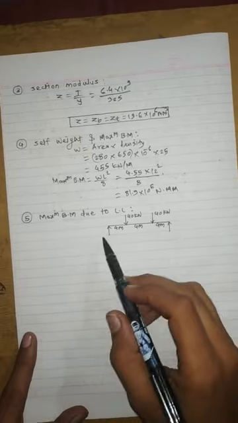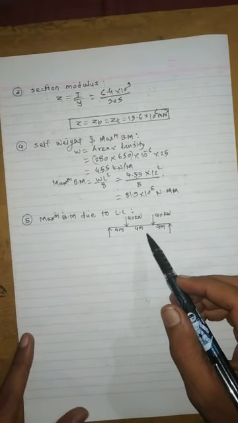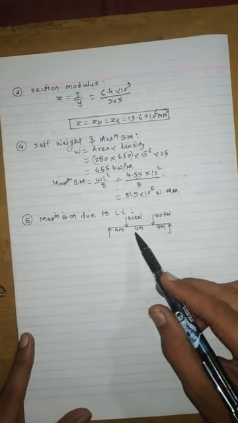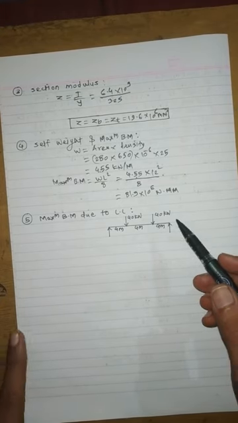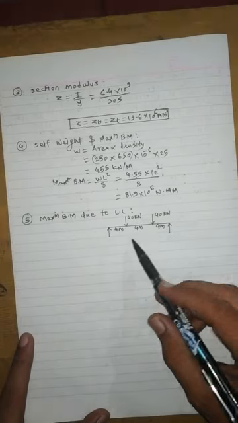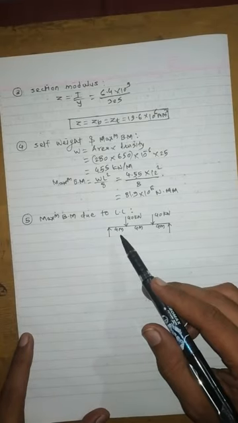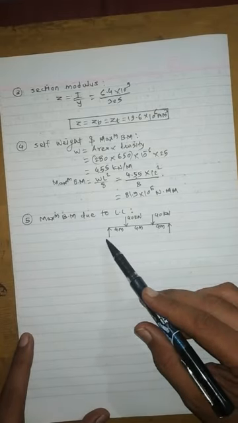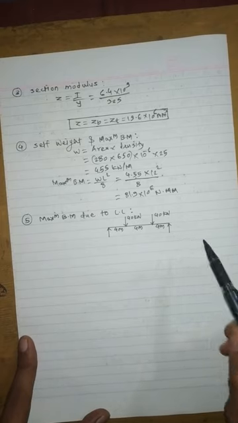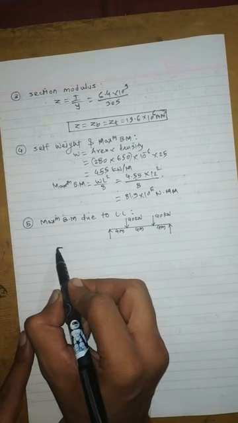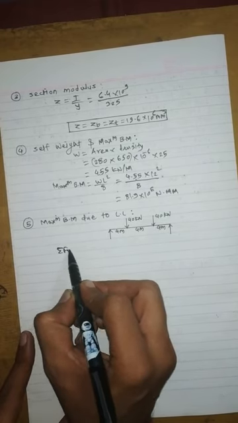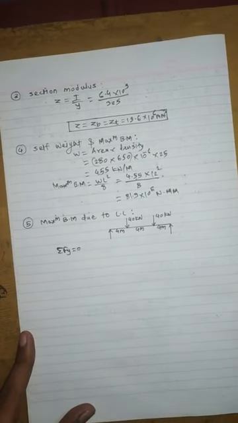Then maximum BM due to live load. In the problem, 2-point loads are given, which is symmetrical loading for a simply supported beam. So for symmetrical loading, the reactions at supports are the same value, that is 40 at left side and 40 at right side. And the second method is by applying equilibrium conditions. We know three conditions of equilibrium. Condition 1, summation Fx equal to 0.